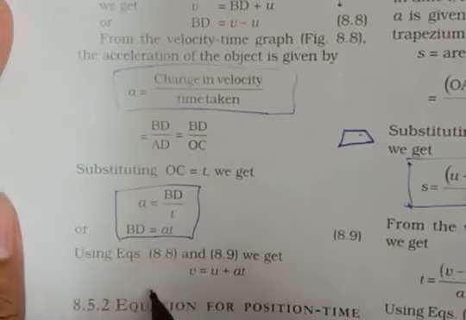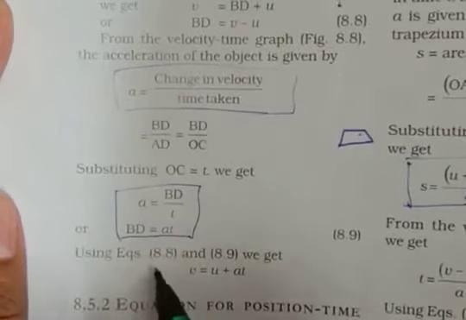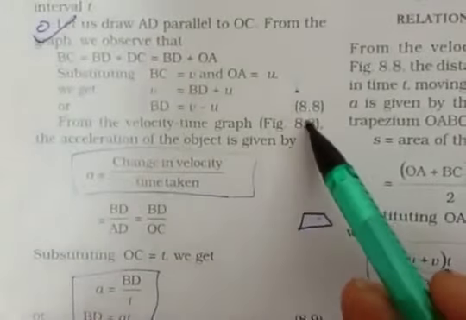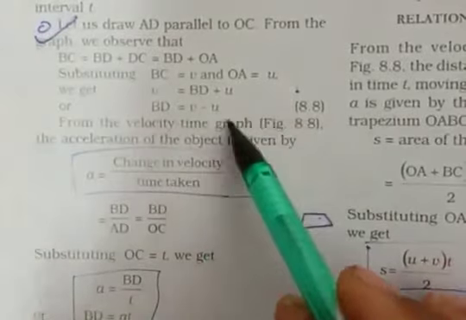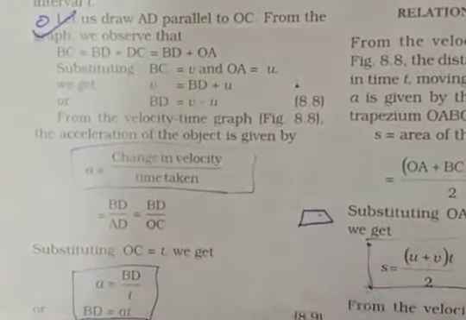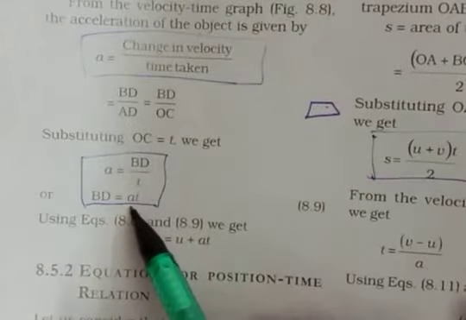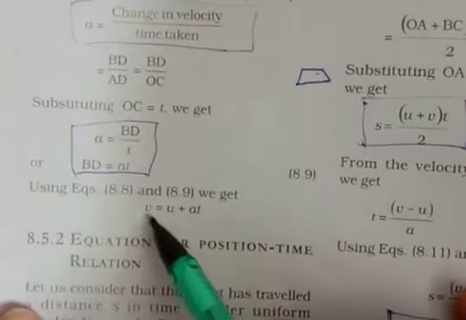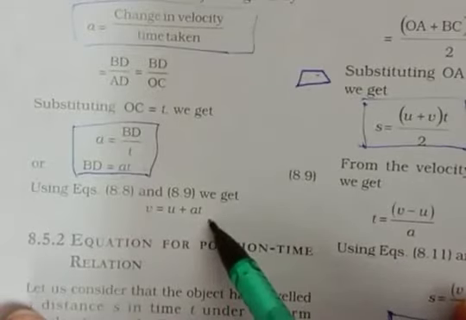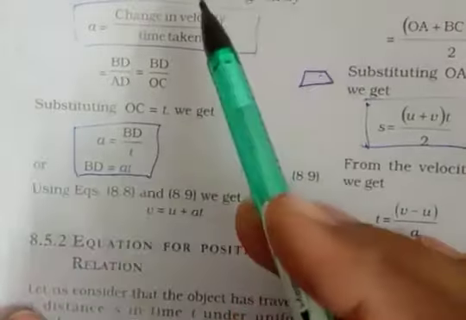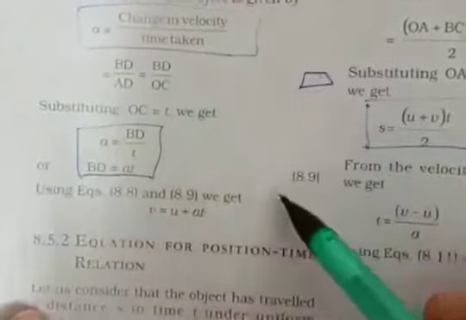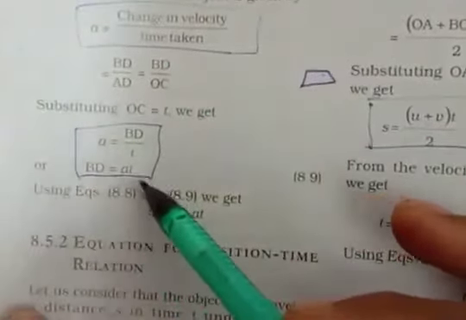Now when we use both these equations, 8.8 and 8.9, we will get V is equal to U plus AT. Here 8.8 says that BD is equal to V minus U, and 8.9 says that BD is equal to AT.